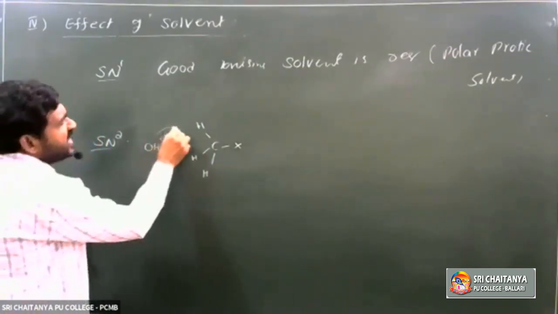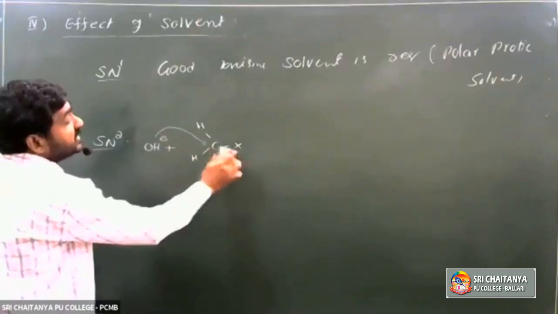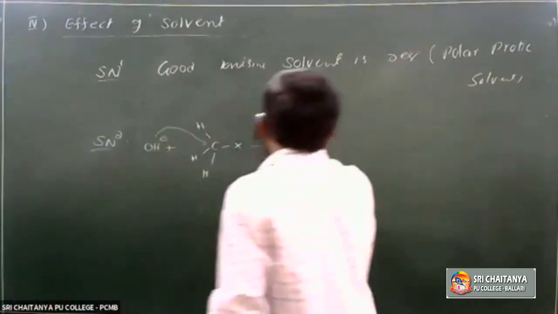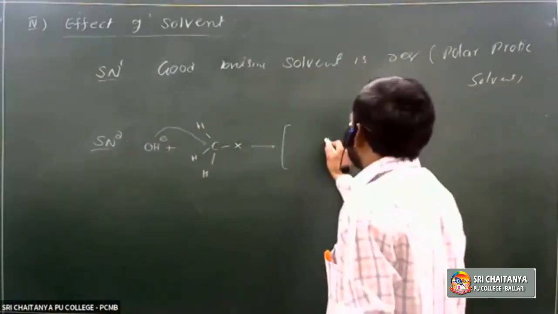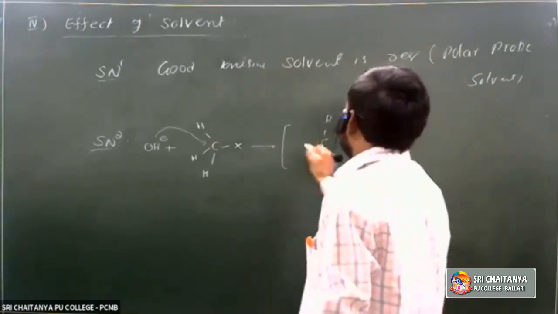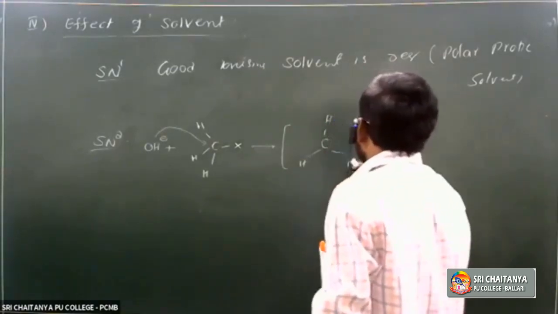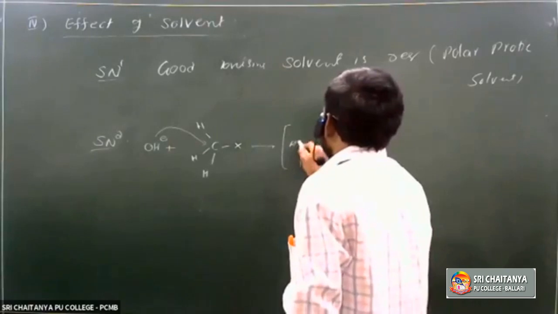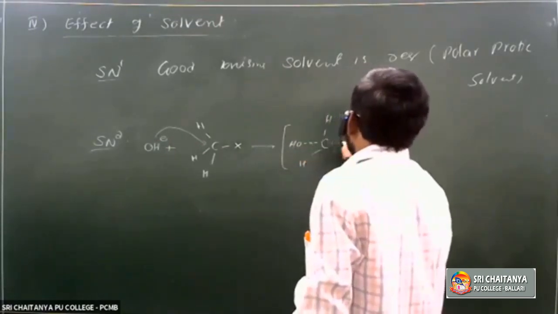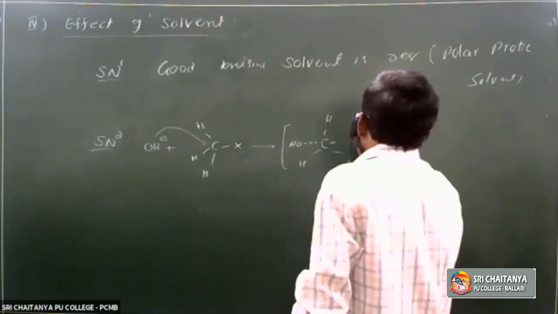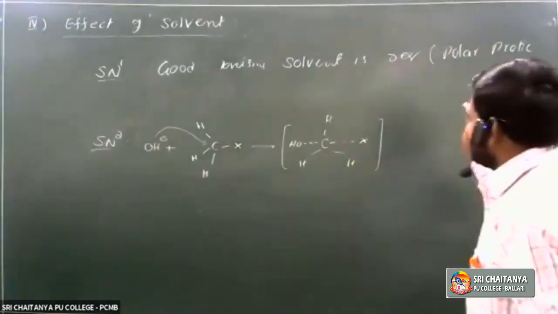The nucleophile attacks from the opposite side of the leaving group. Here a transition state is formed, with the partial O-H bond and the C-X bond. It is a single step.